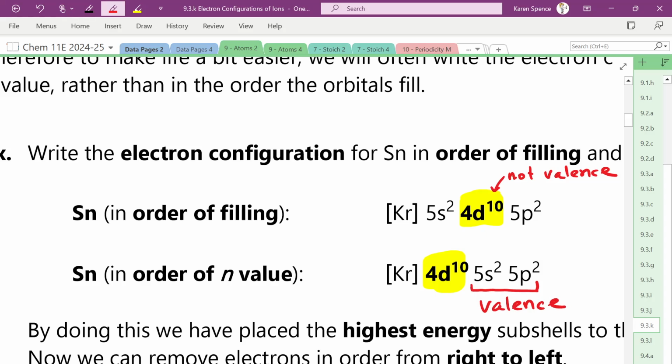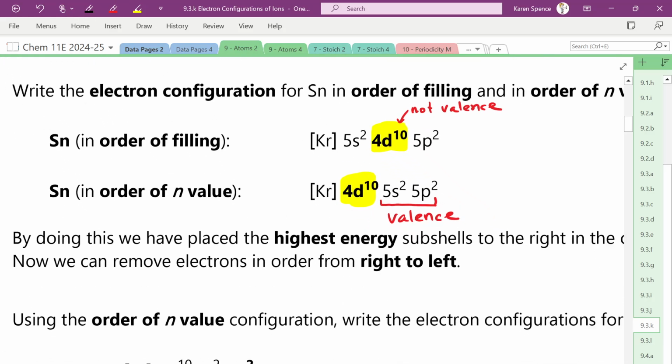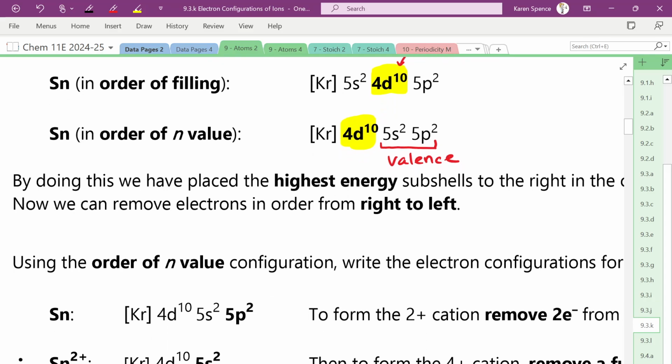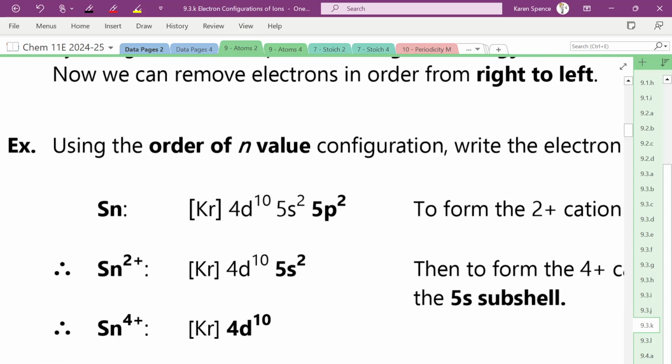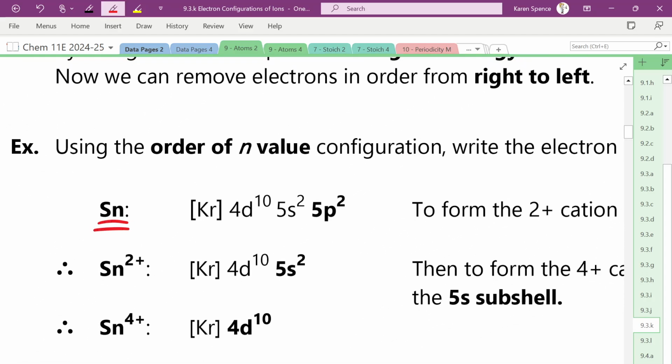And we simply start at the right and move to the left. So with tin at 0, if we want to form a 2+ cation, which electrons do we take away? We take away the ones on the far right, the 5p2 electrons.